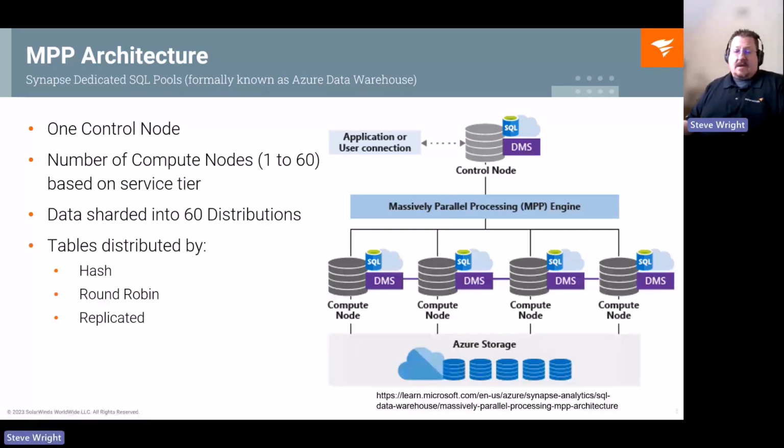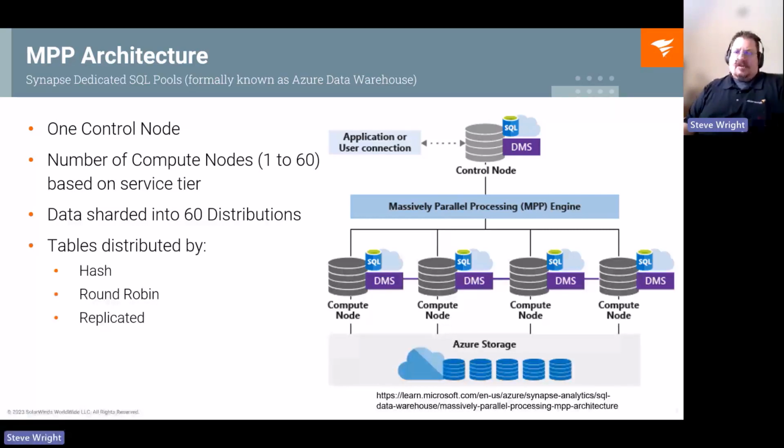If the table is small enough, instead of distributing it across those 60 distributions, you just allow each node to have its own copy of that table. It might be particularly useful for smaller tables that are static, like dimension tables versus fact tables, which are likely to be static and smaller than the rest of your data. We'll talk a little bit more about that. But those are the three different ways you can distribute the data.